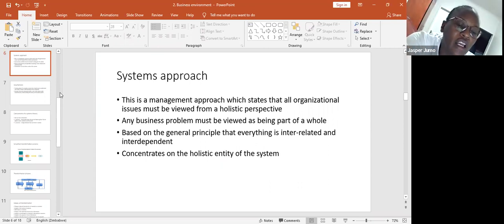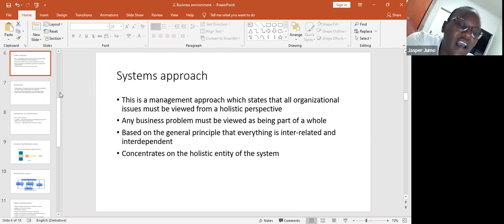So it's based on the principle that everything within the business is interrelated and also interdependent. When you have an organization, you have different subsystems. You have the management system, you have the leadership system, you have the way in which you conduct your processes, you have the organizational structure.